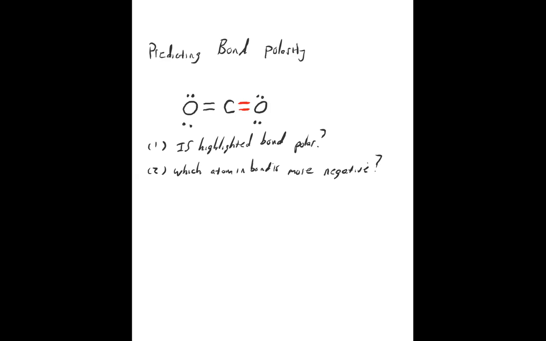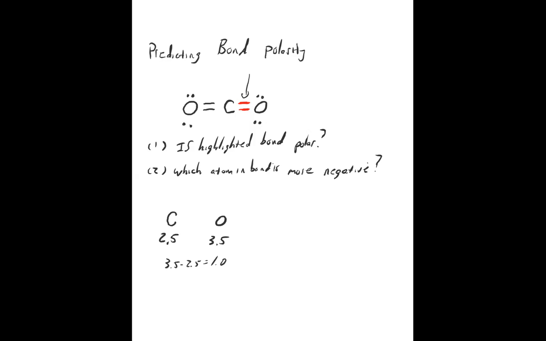Okay, so let's try this one right here, for example. So the highlighted bond is this over here, right? That's your highlighted bond. So we look the values up. Carbon is 2.5. Oxygen is 3.5. Okay. So is it polar? Well, we take the difference. 3.5 minus 2.5 is 1.0.